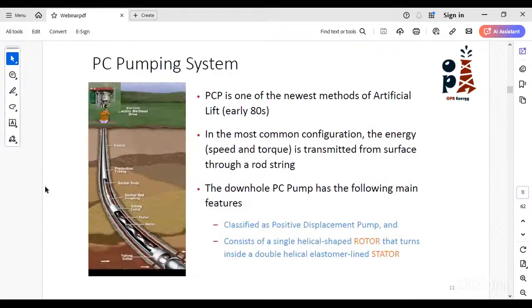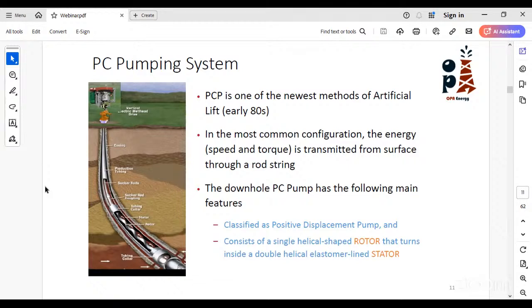The PCP pumping system, as we all know, is a positive displacement pump. It is considered the newest method as it appeared in the early 80s. And as we all know, there is a difference between the common centrifugal pumps and the positive displacement pumps.